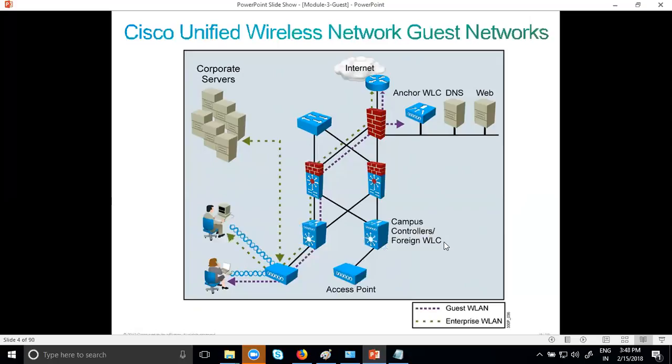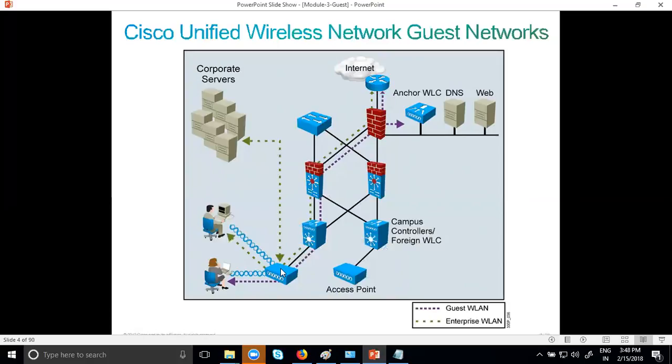So we have two types of controllers that we use for the guest network environment: one is called the foreign controller and one is called the anchor controller. The foreign controller is the landing controller where traffic lands directly from a guest user or your enterprise user. All the traffic coming from the enterprise SSID will be processed by the same controller, your foreign controller.